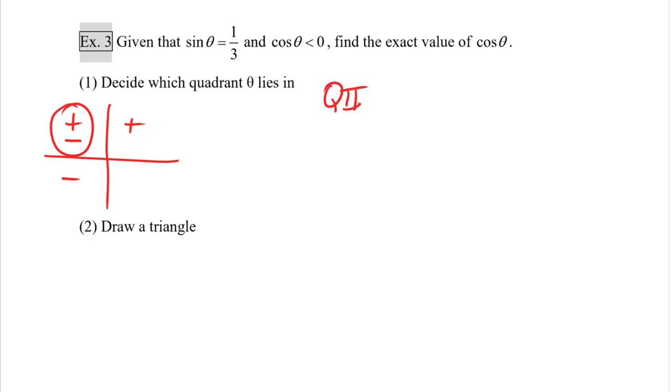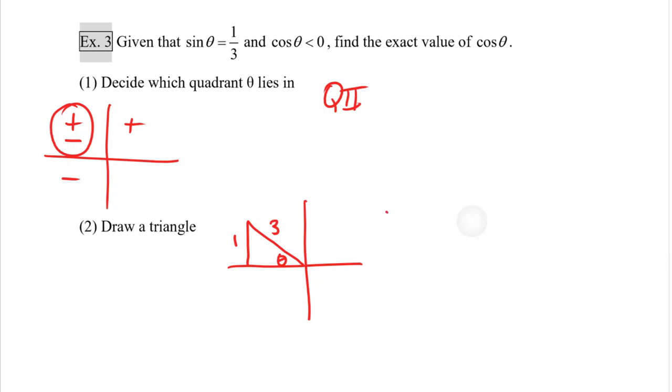The next thing we want to do is draw a sketch of the triangle in quadrant 2. So I'm going to draw a triangle in quadrant 2. I am going to give it a sine that is equal to 1/3, opposite over hypotenuse. I'm going to use the Pythagorean theorem to calculate the missing side.